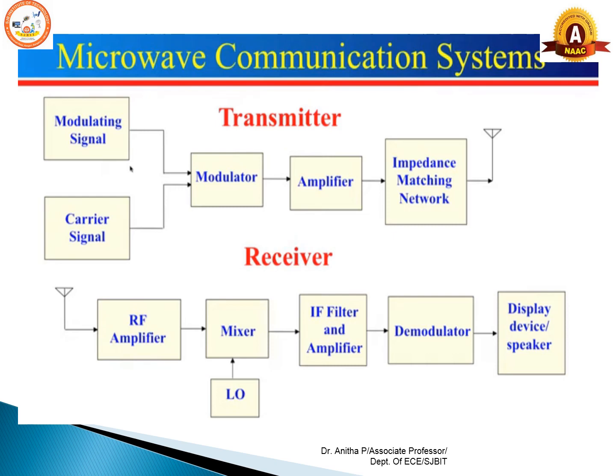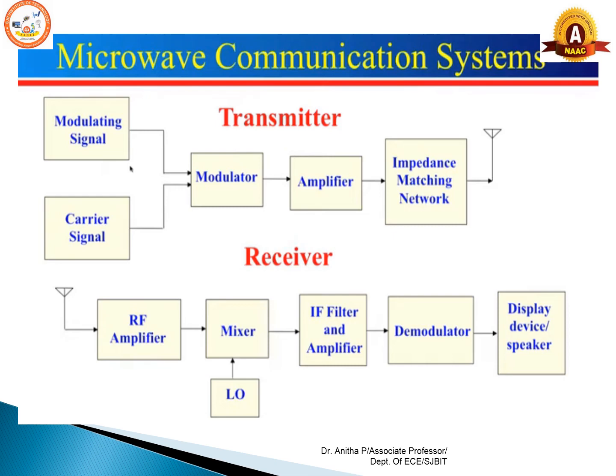The purpose of modulation is to have long distance communication. Then that modulated signal, which may be at a lower power level, you can amplify using an amplifier. Then that amplified signal has to be propagated through free space, which can be done through an antenna.